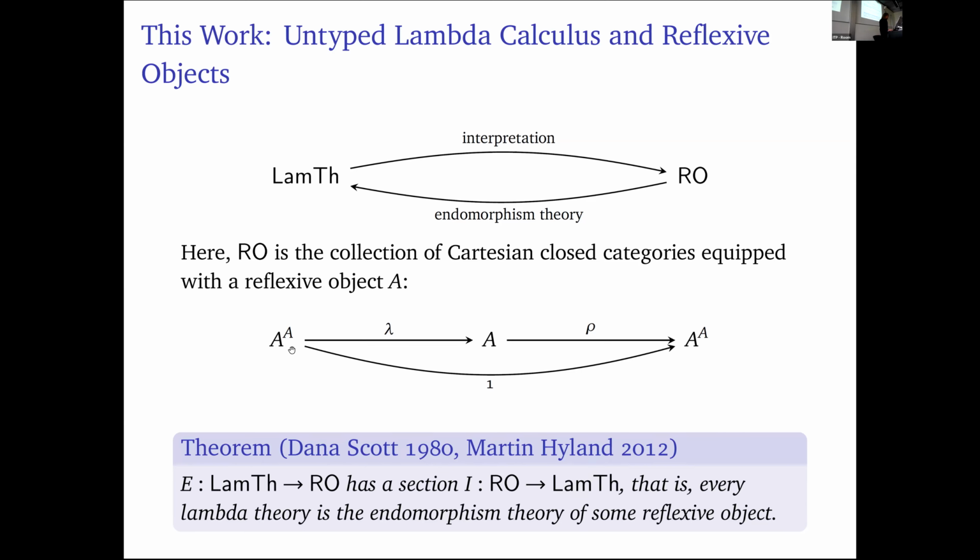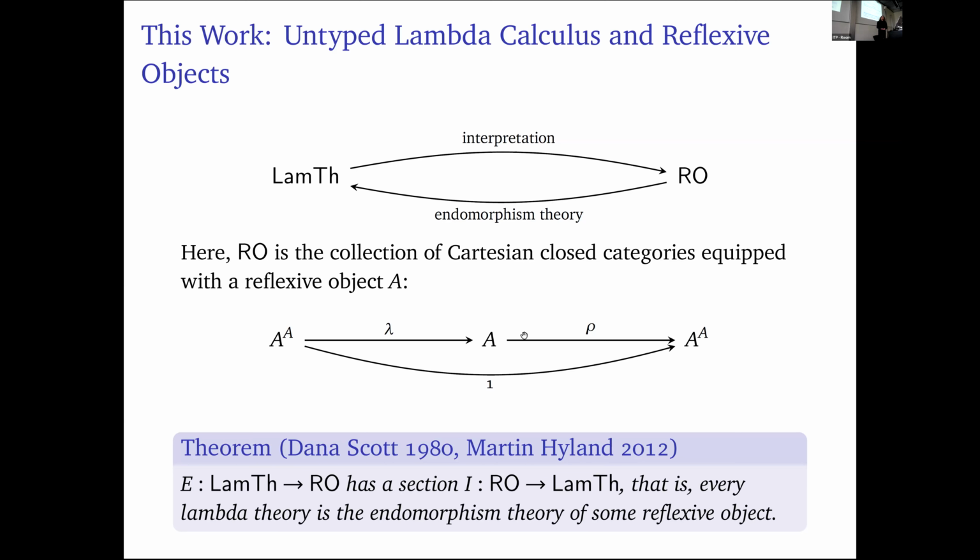It's an object A that comes equipped with two morphisms: a morphism lambda from A to A to A, which you think of as lambda abstraction, and a morphism rho from A to A to A, which you think of as application, such that the composition rho after lambda is the identity. This is the famous beta equality of the lambda calculus.